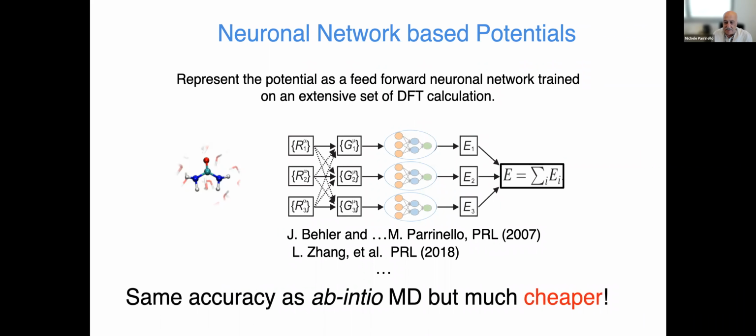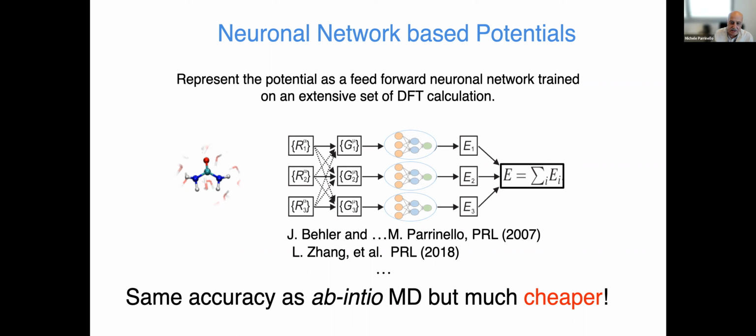The bottom line of this approach is the same accuracy as ab initio MD, but they are much cheaper. So we don't need to compromise on the accuracy, and we can perform at the same time of calculation that DFT allows.